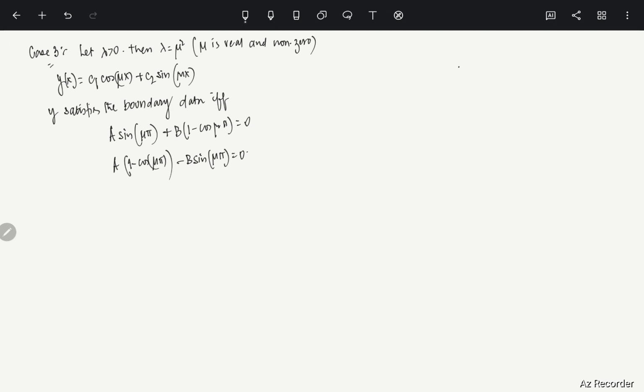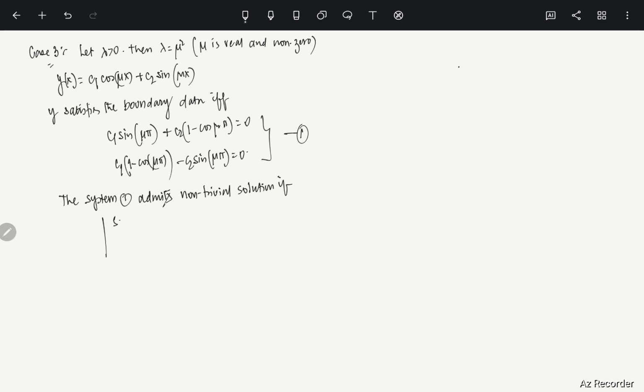Now let's call this system 1. System 1 admits a non-trivial solution. I want it to admit a non-trivial solution, otherwise there are no non-trivial solutions. Okay, sorry, what am I writing? This is C1, C2. So the system admits a non-trivial solution if the determinant is 0.